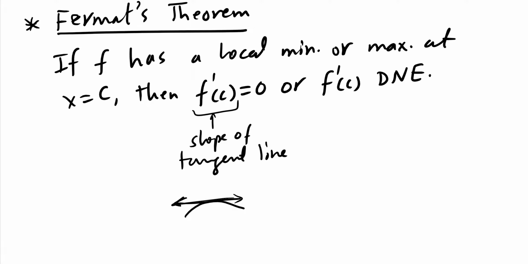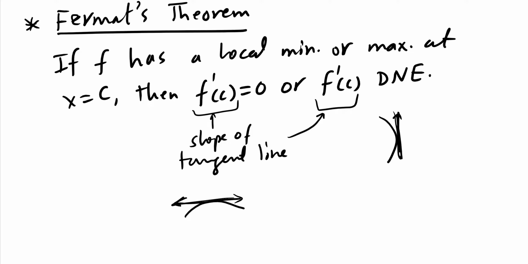The slope of the tangent line is 0. Any horizontal line has a 0 slope. For this one, the slope of the tangent line does not exist. This means there's a vertical tangent. Let's say like this, you have a vertical tangent.